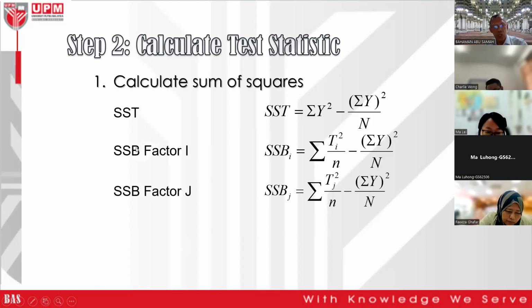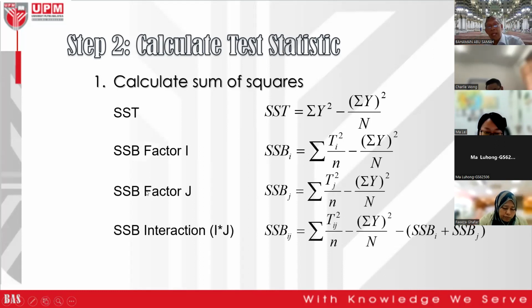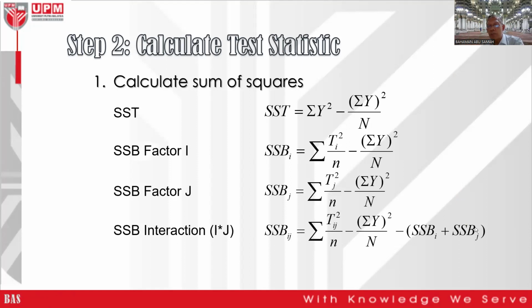And then sum square between for interaction. We have between for factor 1, between for factor 2, and between for interaction. In order to calculate sum square between for interaction, the formula is summation of tij square divided by n minus summation y bracket square divided by big N. And then we need to include an additional element here, minus sum square between for factor 1 plus sum square between for factor 2.